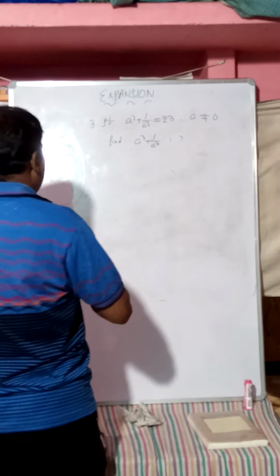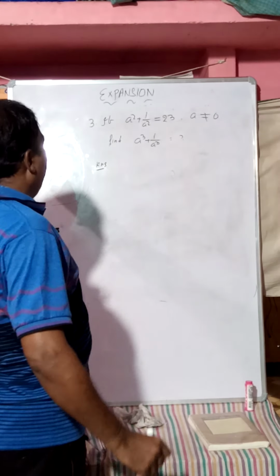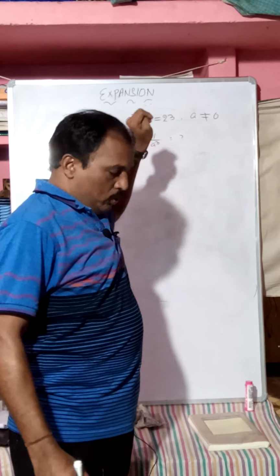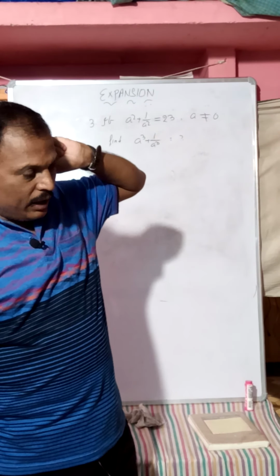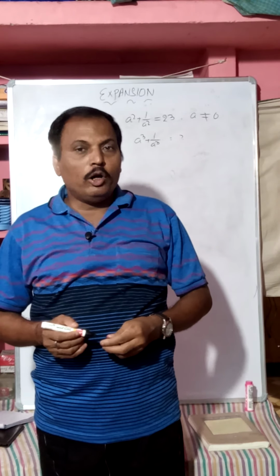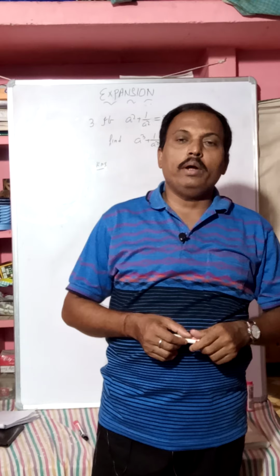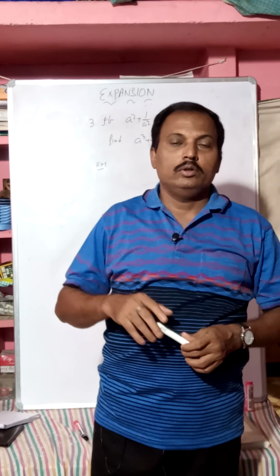Now look at these things, how it can happen. Here a cube plus b cube. We know a cube plus b cube is equal to a plus b whole cube minus 3ab into a plus b. Just we did.